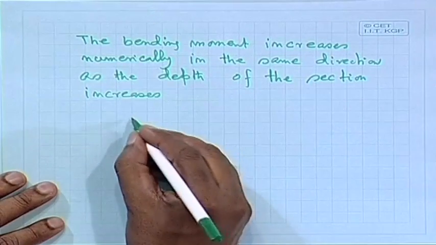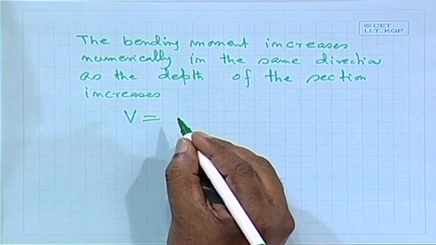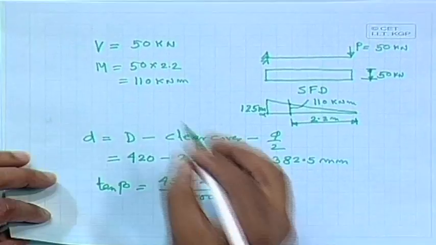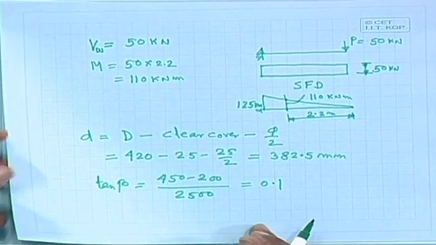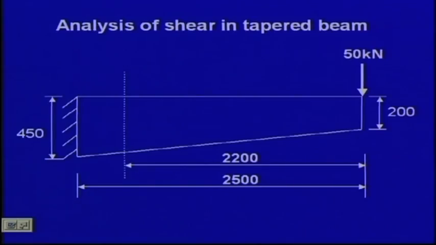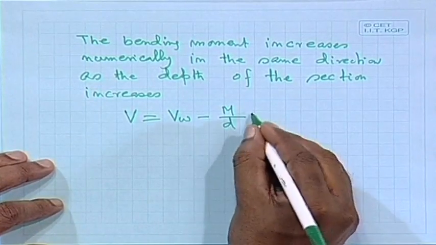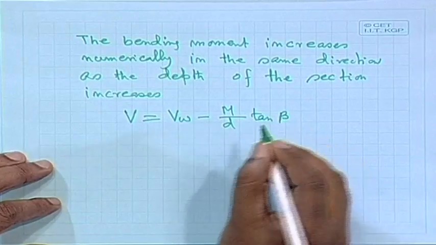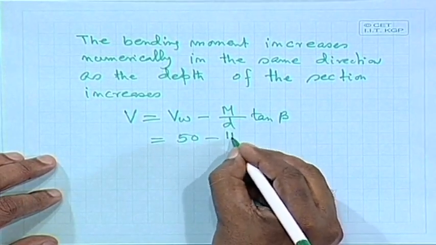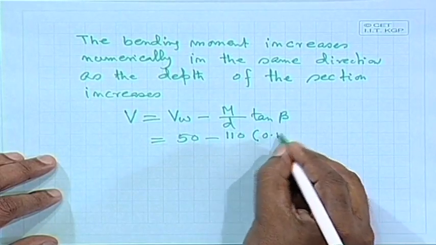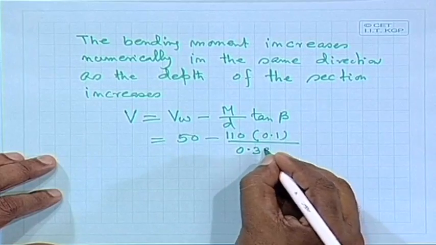So, we shall get V equal to, so let us make it clear. Let us say this is VW, because we are using the formula. So, VW minus M by d tan beta equals 50 minus 110 times 0.1 divided by 0.3825.